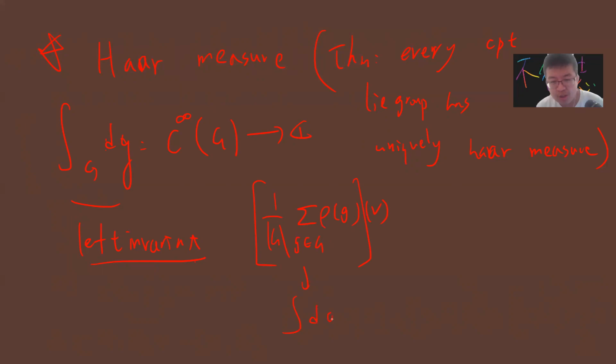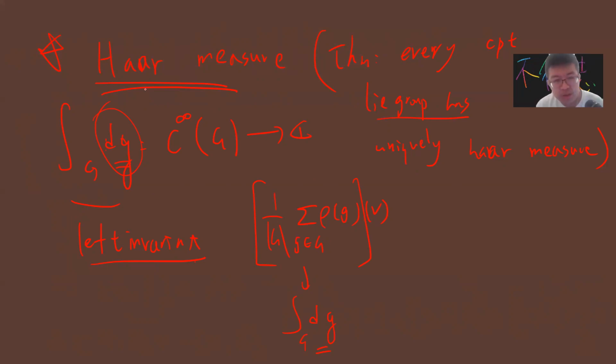This is not easy to prove, but at least you know there should be some integral dg which can replace the summation, and this dg is left invariant. So if you multiply by h in this dg, you can do a change of variable and make it invariant. This type of object is called the Haar measure, and every compact Lie group has a unique Haar measure.